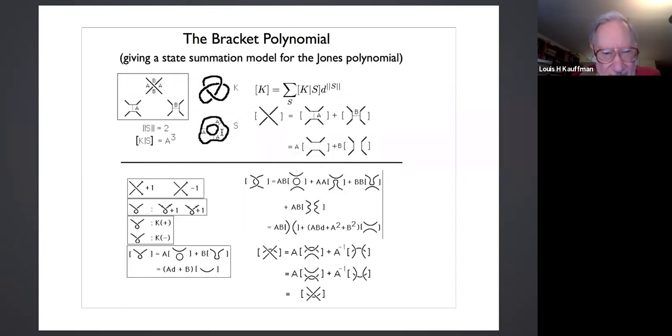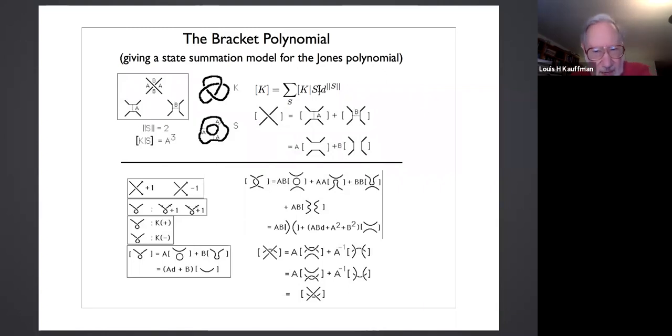And then I take the product of the smoothing labels, and I take D to the number of loops in the diagram for a raw state sum. So I count loops and I count the vertex weights, the A's. So in the case of this state, the count is 2 and the product of vertex weights is A cubed. And then I take the sum over all of these products.